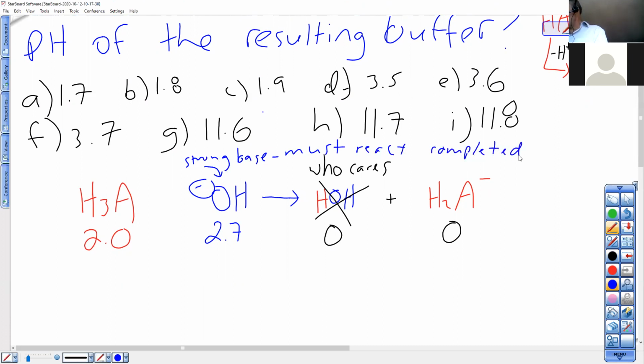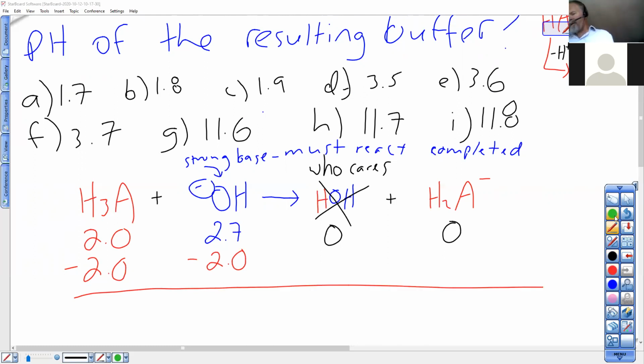If I had 2.7 moles of H3A, I'd react all of them. I don't have 2.7 moles of H3A. I hope you remember that if you're given a reaction where you have 2 moles of one and 2.7 of the other, and the stoichiometry is 1 to 1 to 1 to 1, you can only react 2 moles in this reaction because H3A is the limiting reactant.